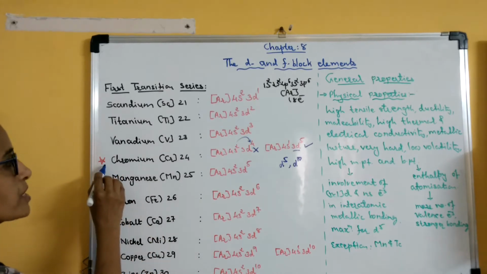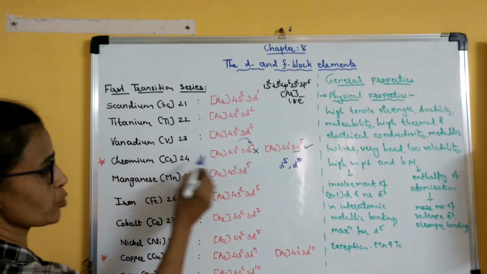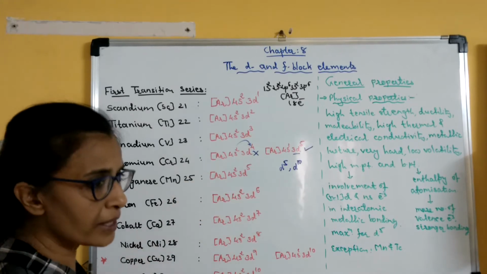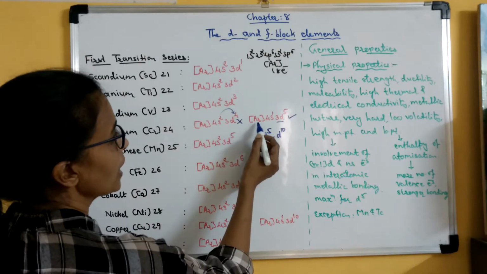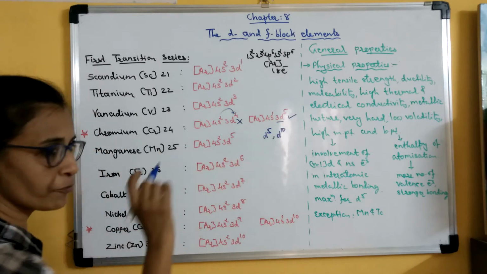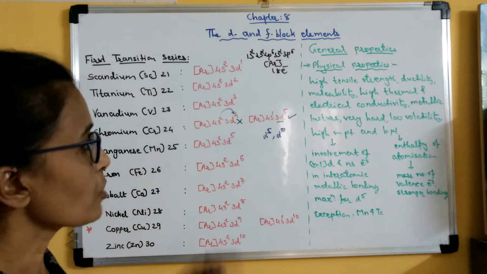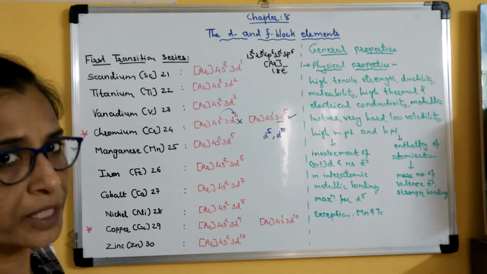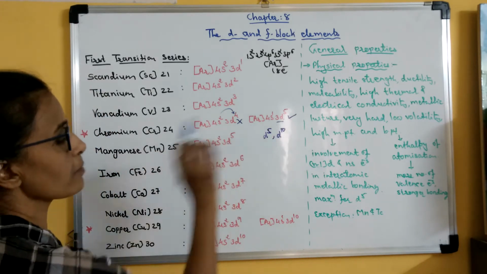So chromium is an exceptional case. Its expected configuration is argon 4s2 3d4, but its actual configuration is argon 4s1 3d5. This is also an important point for 1 mark or 2 marks question. Clear? So you can explain these in terms of stability.